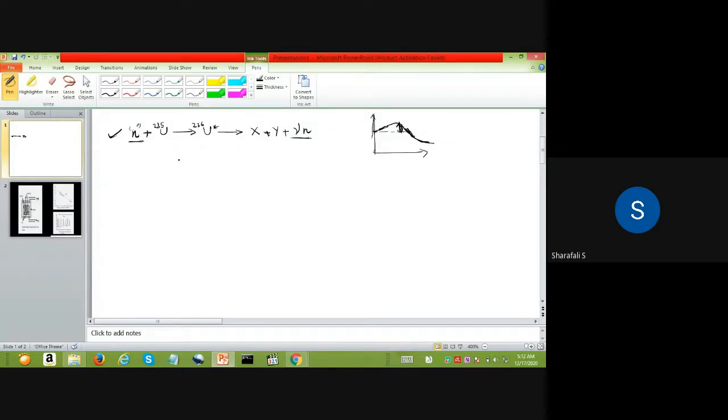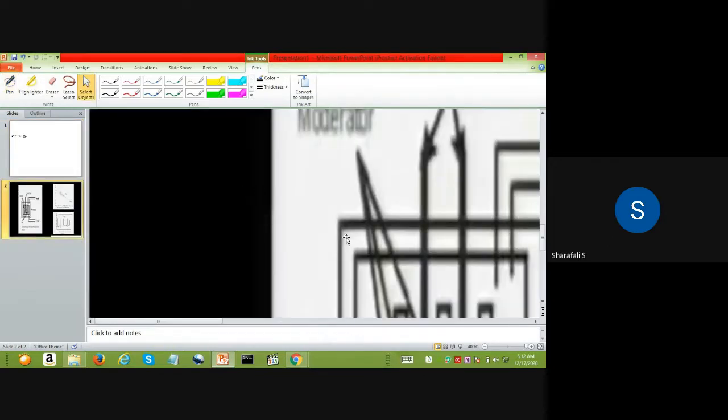When you increase the kinetic energy of the incoming neutrons, the fission cross section is going to decrease, which means the fission probability is going to decrease. For that we have to look at this curve here.